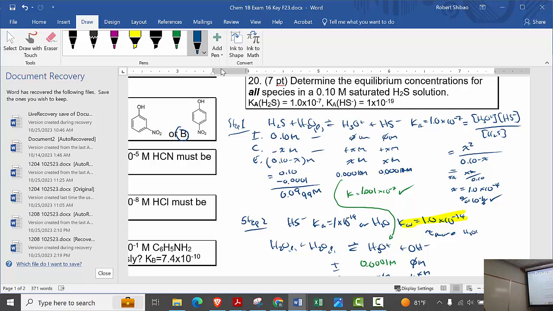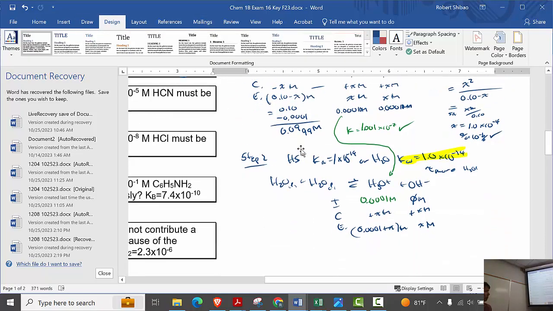And so H2O should generate more hydronium than HS minus. It also depends on the initial concentration. The initial concentration of water is close to 55.5 molar as well. And so rather than doing HS minus, which a lot of people did as step 2, you should do H2O. It's going to generate more.